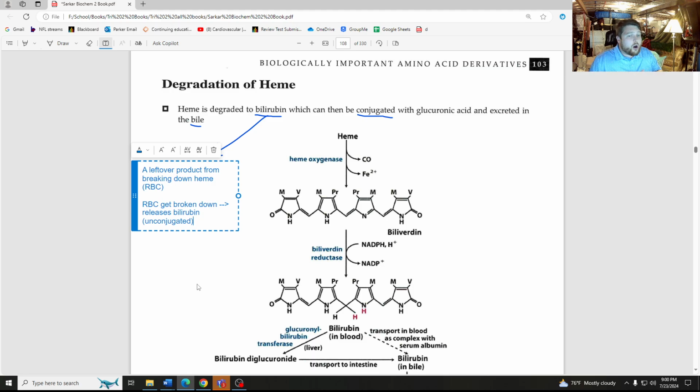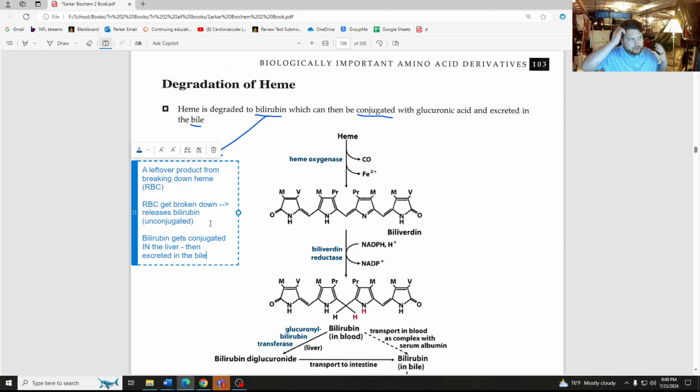Where it goes to get conjugated or to get acted on by glucuronic acid is going to be in the liver. So bilirubin gets conjugated in the liver, then excreted in the bile.